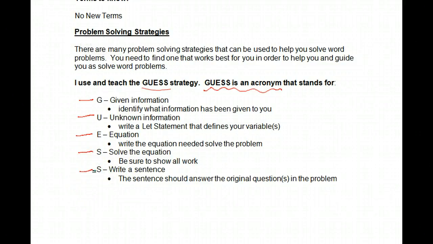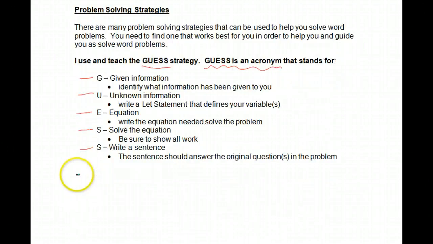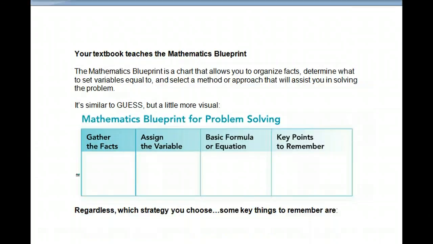The sentence that you write should answer the original question or questions that are presented within the word problem itself. I like the GUESS strategy because it's a nice, easy word to remember, and each letter of that acronym helps you to remember an important process of the word problem solving strategy.